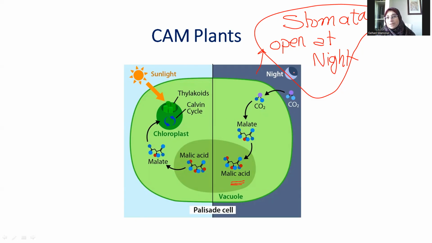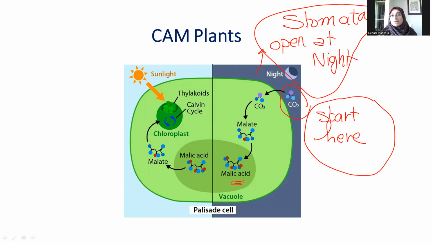Actually, sorry, I started the wrong way. The stomata are open at night, so we have to start here. So we have to start here, okay? This flaw usually occurs at the end of the presentation when I give too many details and I get tired. So here we start here, and carbon dioxide enters the cell.